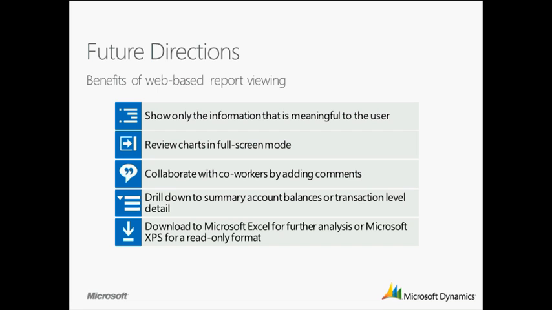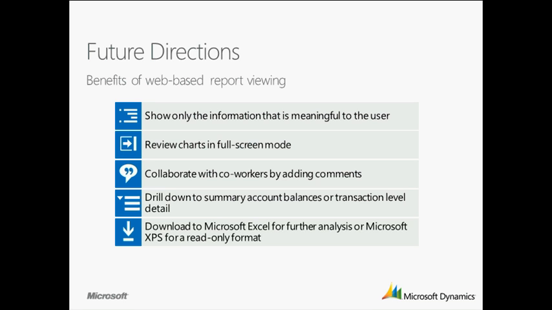Again, they can collaborate with coworkers by adding comments, and those comments would be shared across both the desktop viewer and the web viewer. They can drill down to summary account balances or transaction detail. And if people would like to have it in Excel or need a read-only format, they can download that information from the web viewer as well.